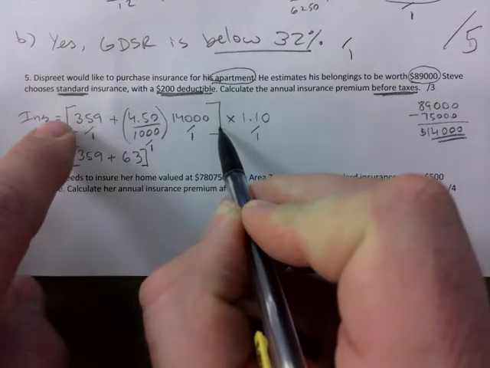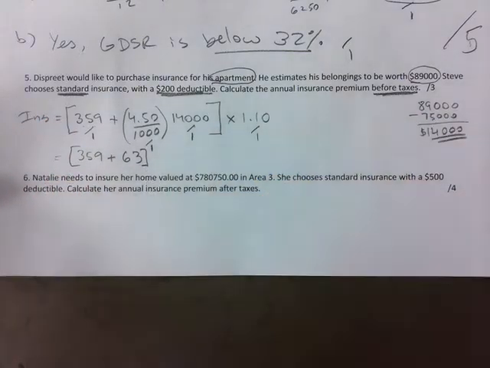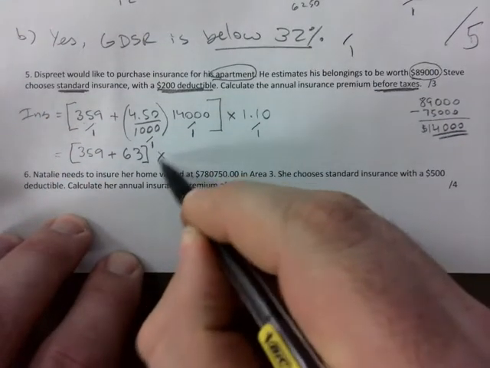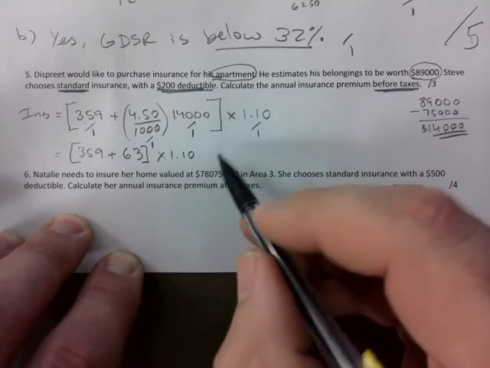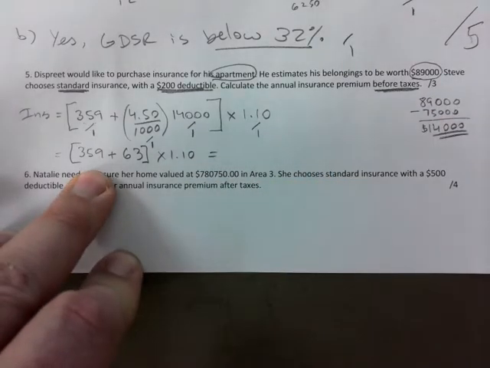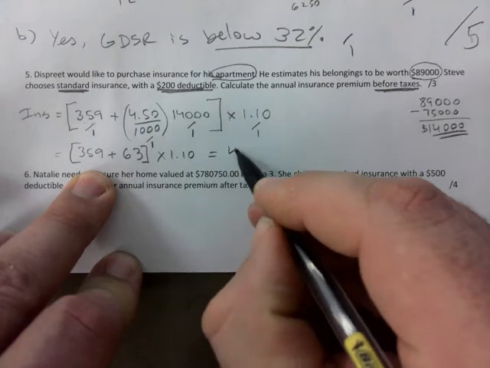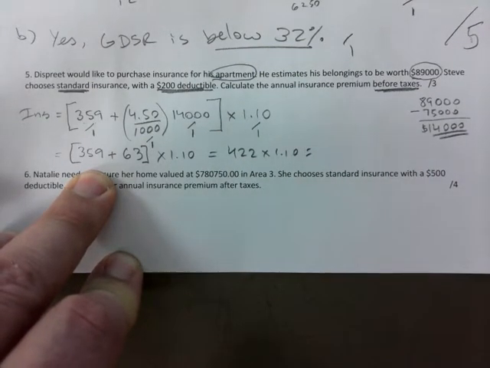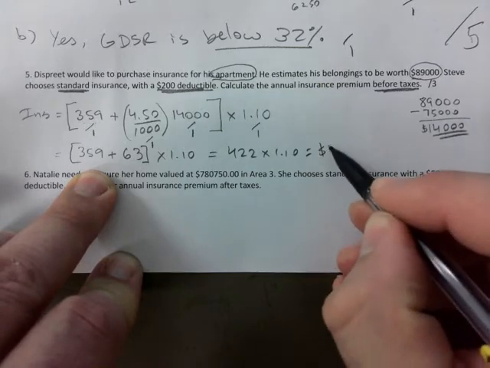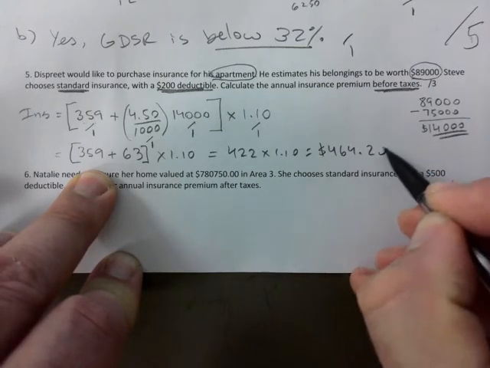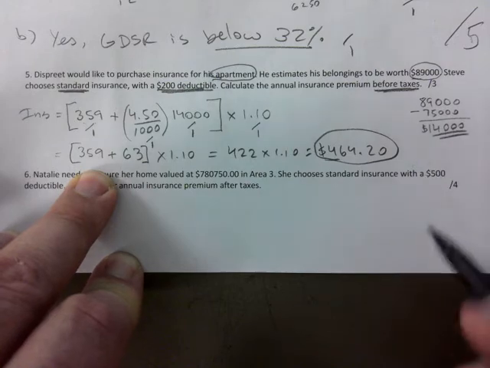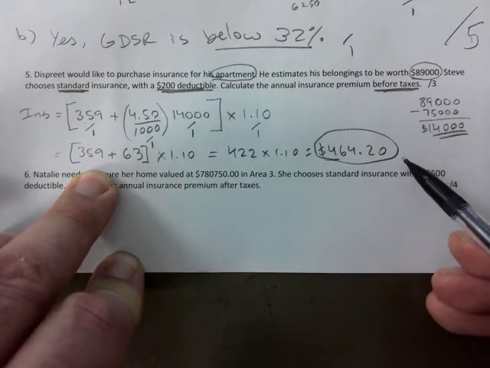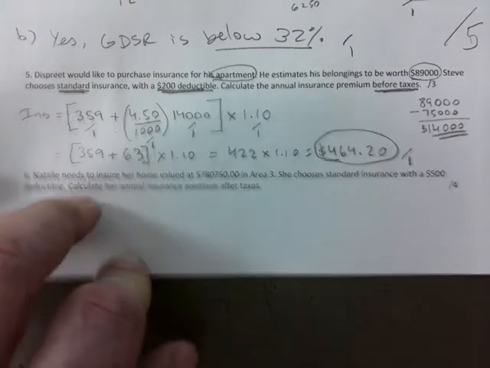It's almost like these big brackets just wrap around whatever happens inside, times 1.10. Okay, I add up the 359 and the 63, that's 422 times 1.10. That's 464.20 before taxes. That's the final answer, and you're going to get a mark for calculating that correctly.